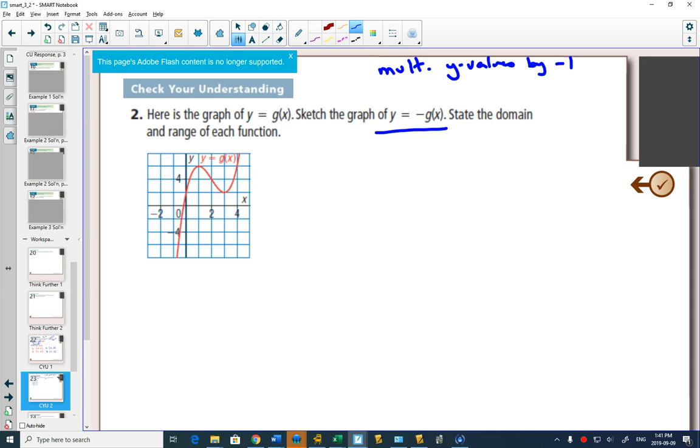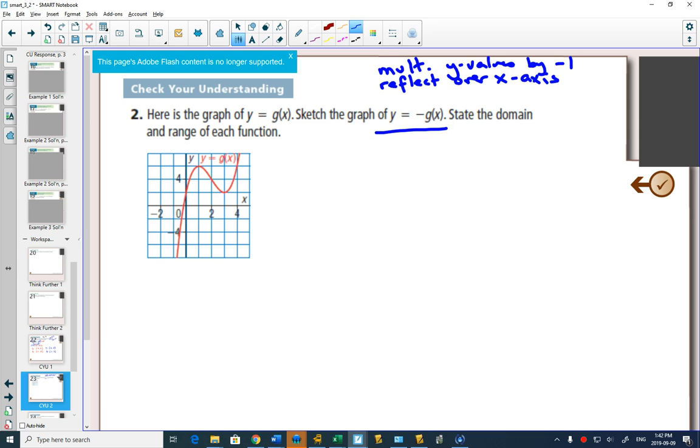Can you imagine that? If you had a point 5, 5, you would now have 5, -5. And so it would reflect over the x-axis.